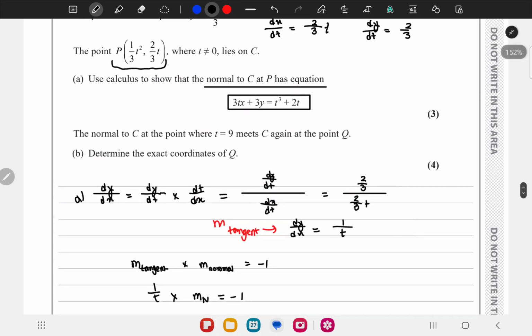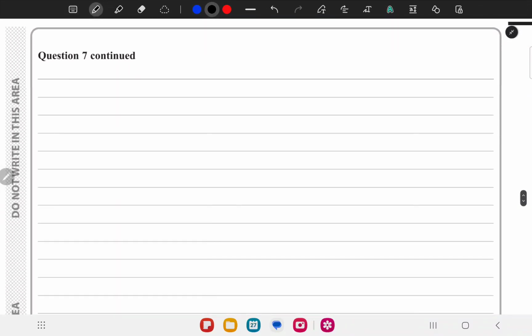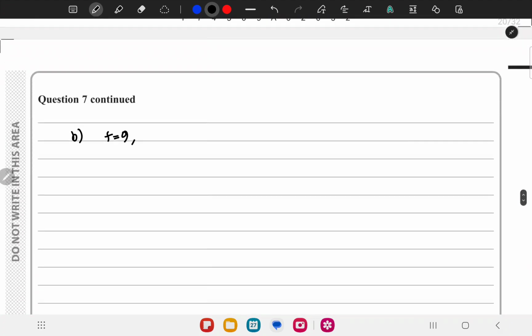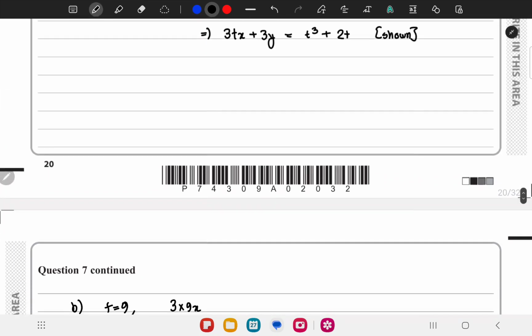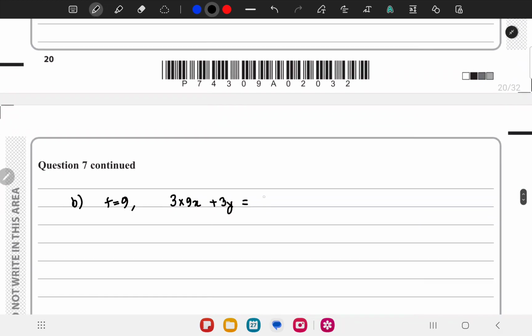Now moving on to part B, we are given that t is 9 and that the normal to C at the point P meets the curve again at point Q. The value of t is 9, so 3 times 9x plus 3y is 9 cube plus 2 times 9, so 9 cube plus 18.